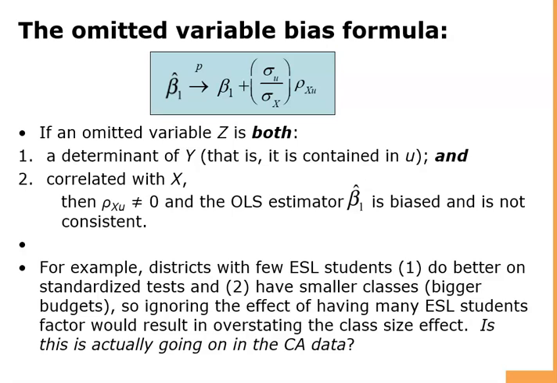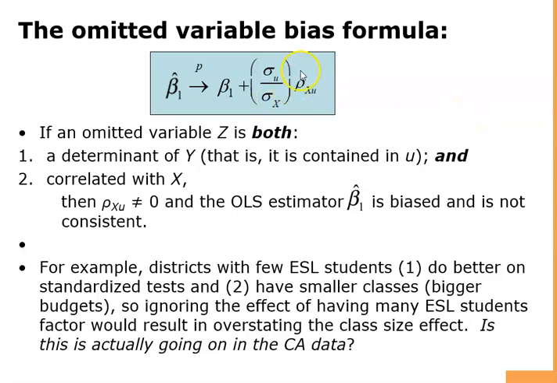On the other side of it, the situation is also pretty much the same. Lower student-teacher ratios will mean higher budgets, and it will also mean a lower percentage of ESL students in the school district. So overall, this correlation will be positive because both X and U move in the same direction.